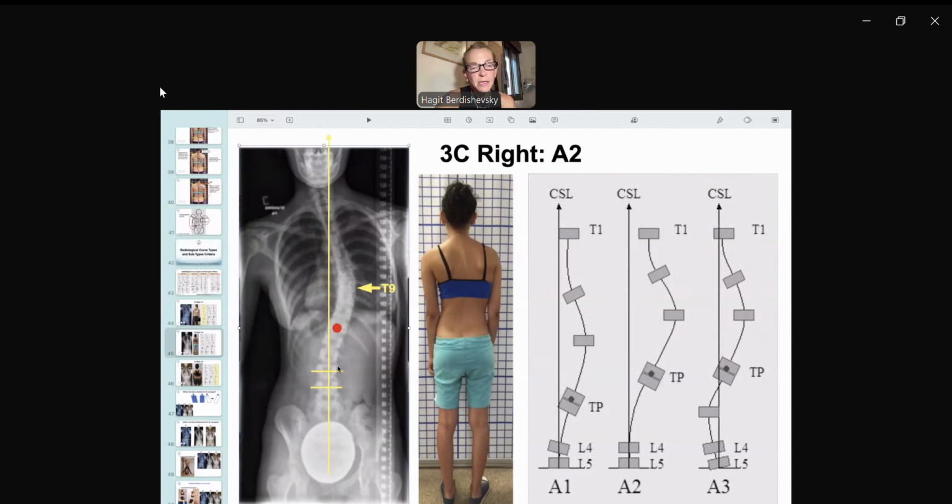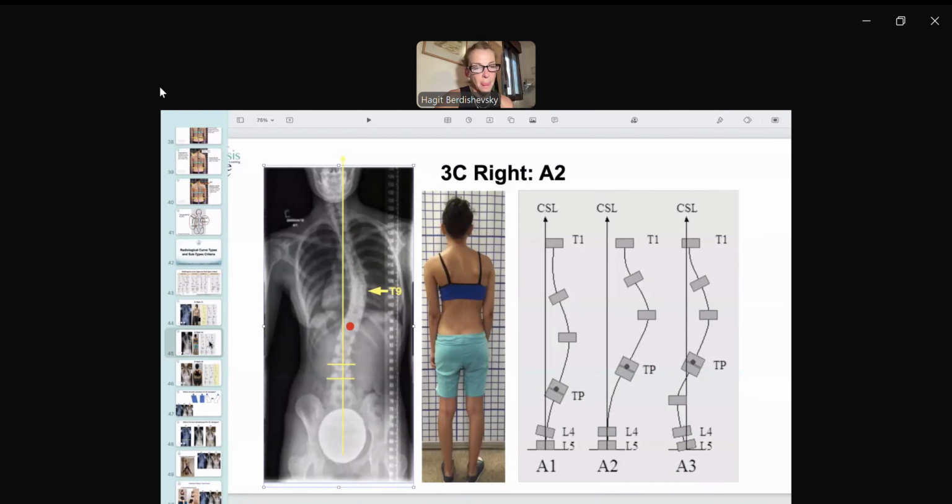I will manage, monitor, and observe it, so that nothing happens to this lumbar, me and the orthotist. But basically, we name it A2, also major, almost a single thoracic without a lumbar. Maybe a functional will come, or we'll see.